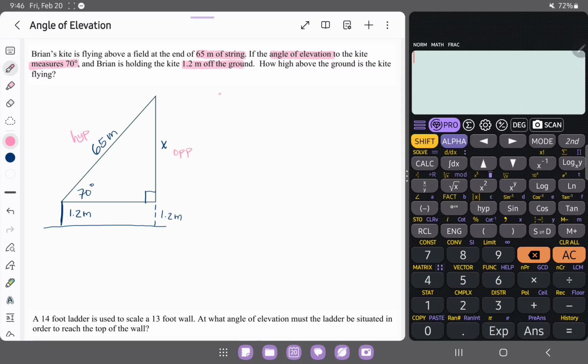So, that would be sine 70 degrees is equal to the opposite, which is x, over the hypotenuse, which is 65. May invisible 1 dito. So, cross-multiplying, that would be 1 times x, that is x, is now equal to 65 times sine 70 degrees.